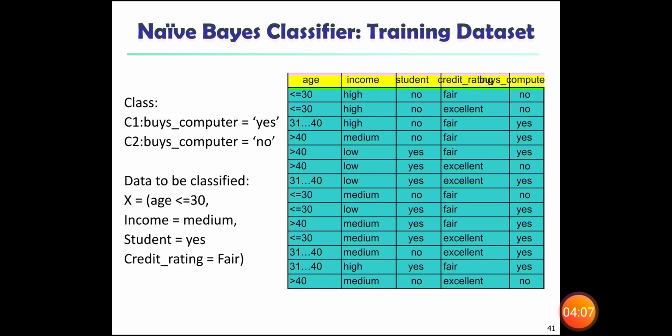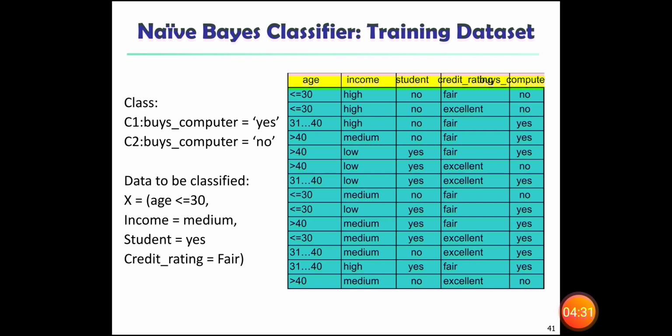Now the given data to be classified is X equals age less than 30, income equals medium, student equals yes, and credit rating equals fair. So like this we can categorize the values presented in the training data set.